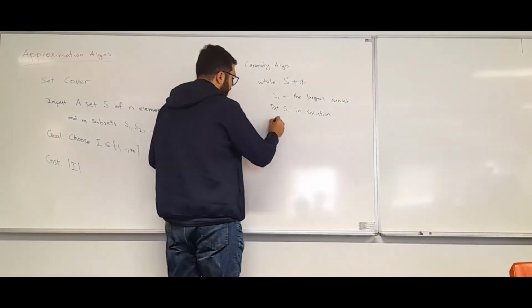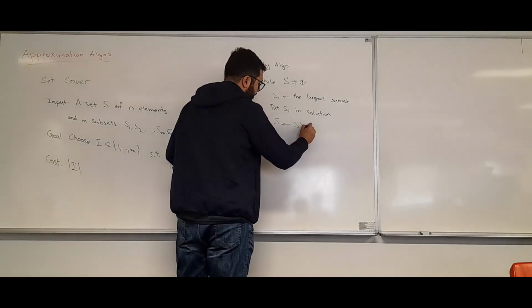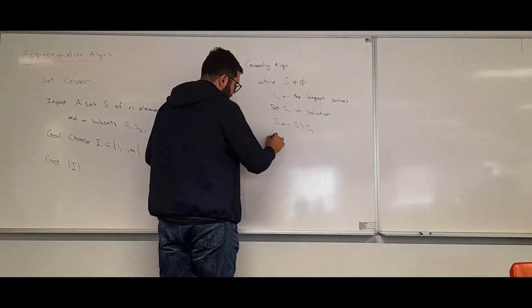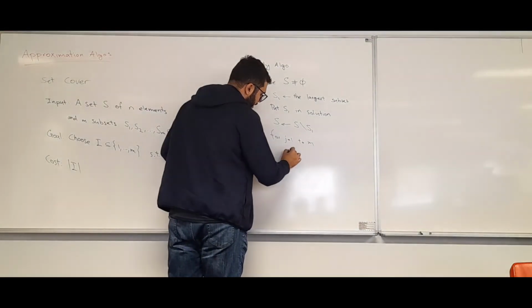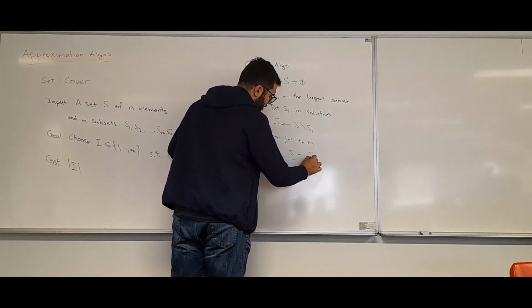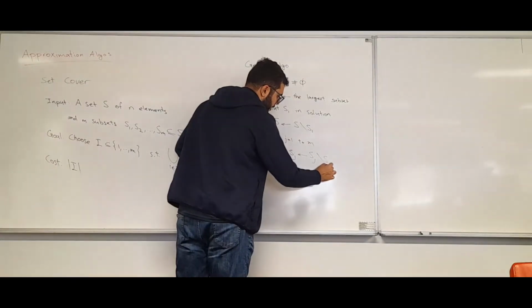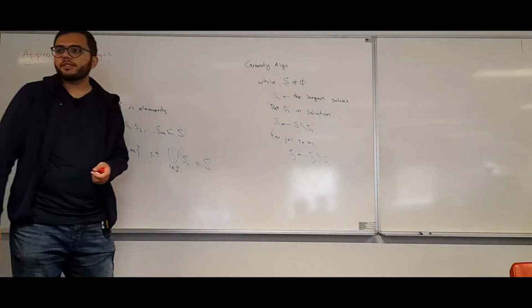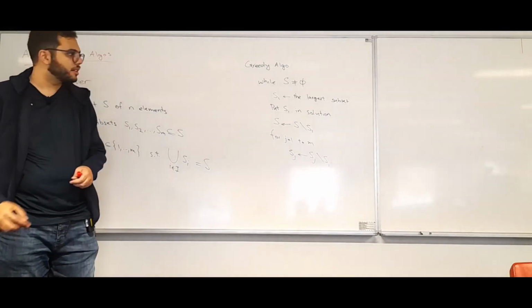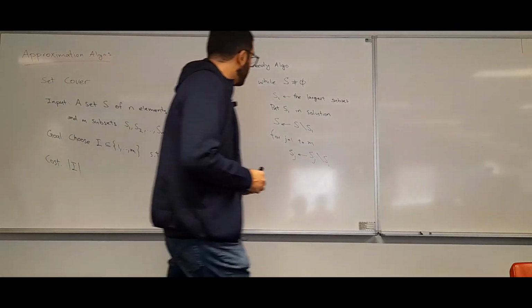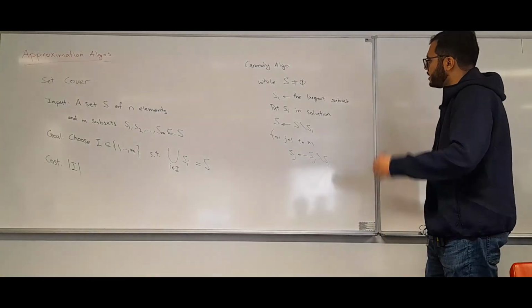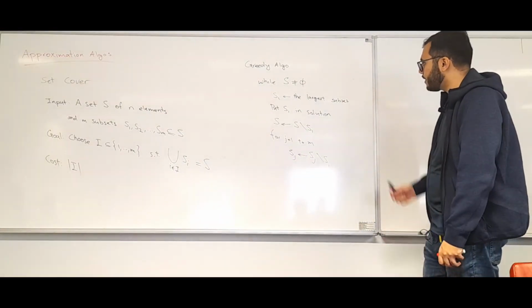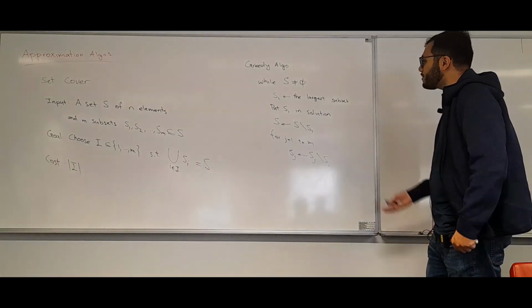So S becomes S minus Si. And for every j from 1 to M, Sj also becomes Sj minus Si. And I might get some empty sets, but that's fine. Okay. So this is a basic greedy algorithm. Now, why would this work?